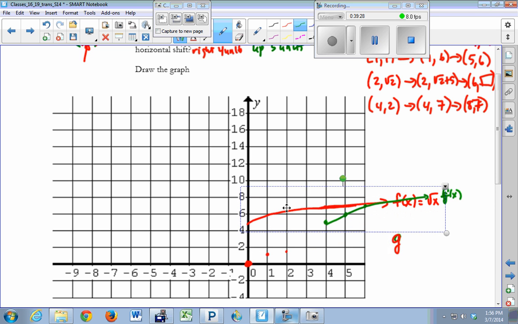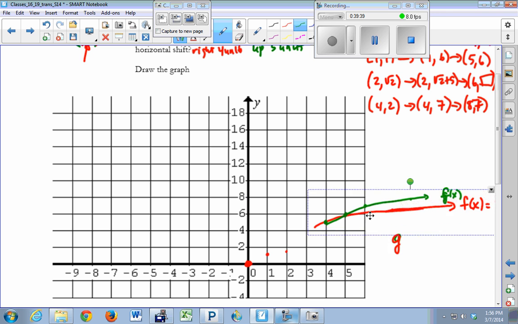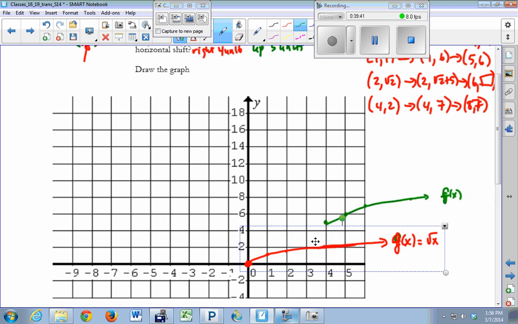And then I moved it to the right 4 units. That should be about the same. That's how I got the new transformed function. So my question is, would it matter if I move to the right 4 units first and then up 5? That's a question I want you to think about.